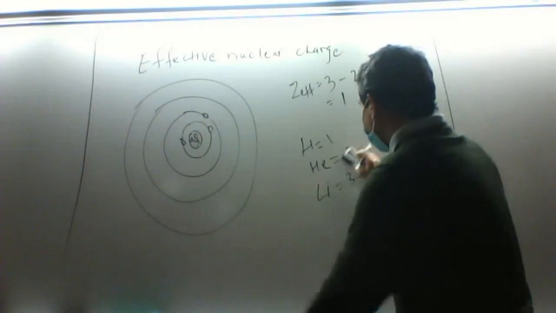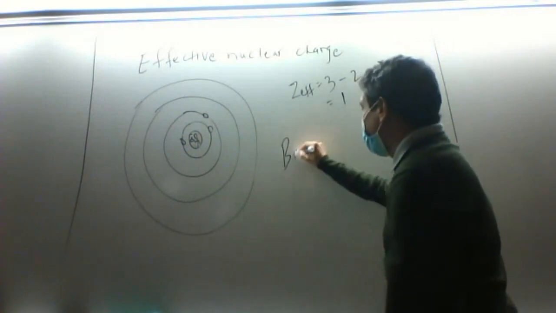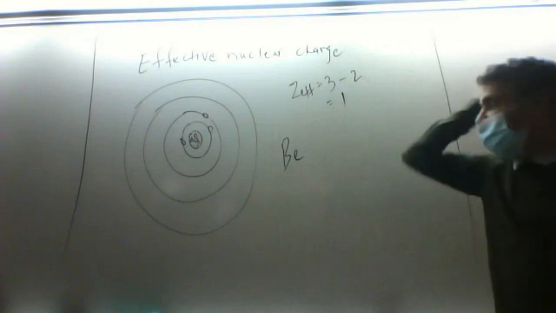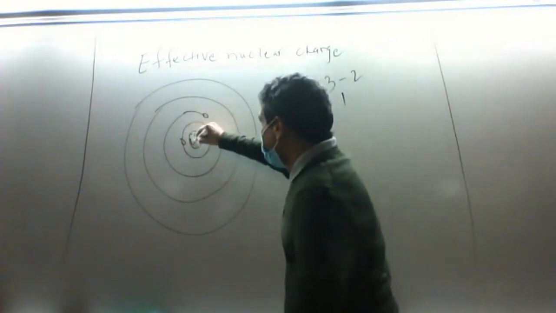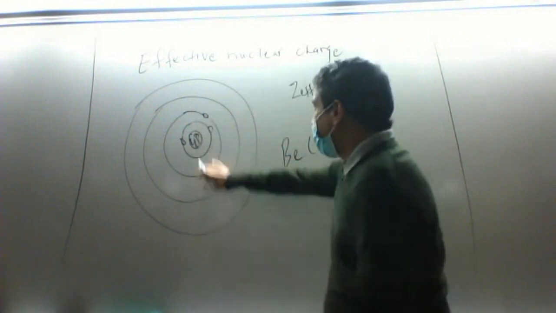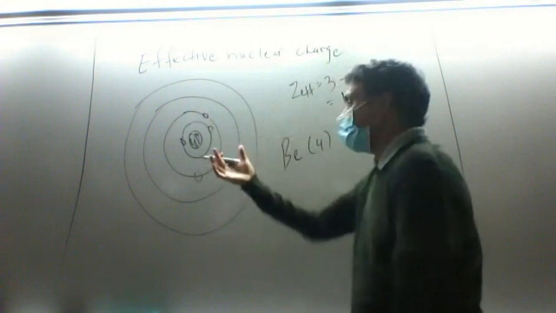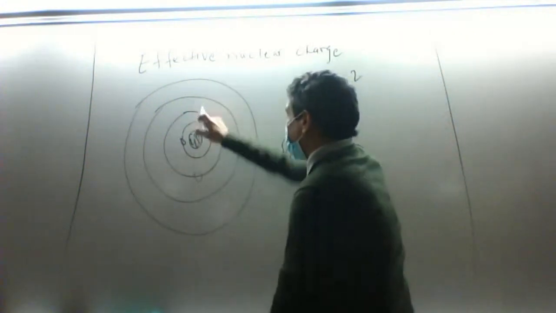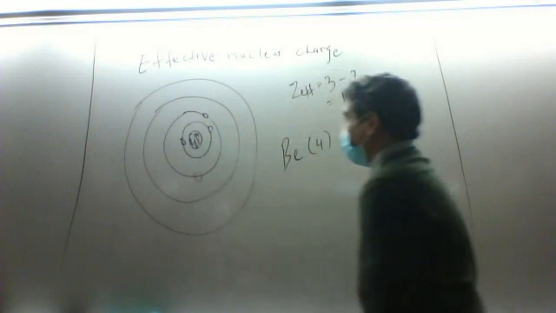Now, we already have lithium. Now let's talk about beryllium, right? The fourth one. So beryllium is the fourth. We have 4 protons here, and 2 electrons here in the inner orbit, right? So how much force are these 2 electrons attracted by these 4 protons?